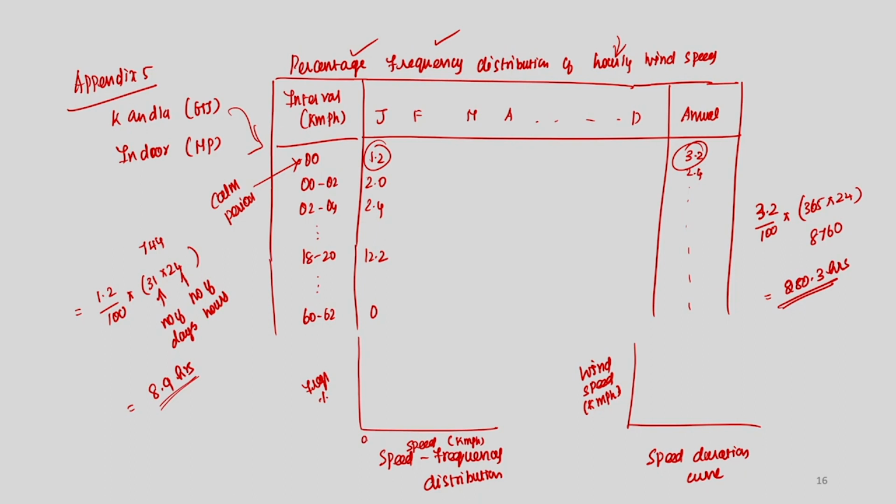So, this we already told. So, 0, then 10, 20, till you can have 60 or 70, and here you know, for 0 to 2 it is around 1.2 percentage, then 2 to 4 it is around 2.4 percentage.